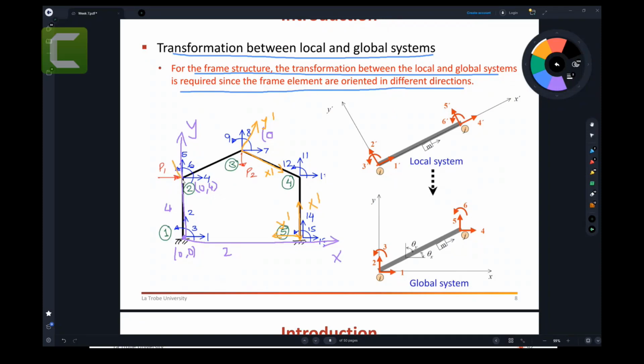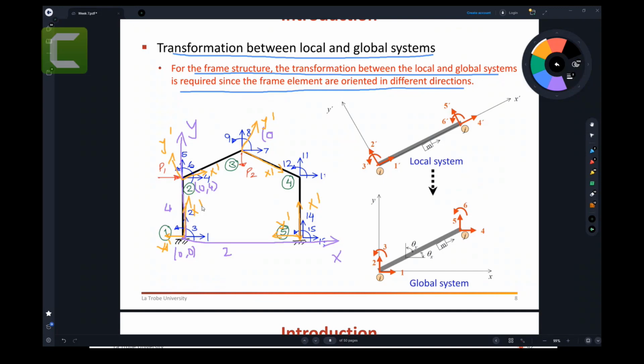You can imagine this is X dash, this is Y dash, and for this one, this is Y dash and this is X dash. Each element has its own local system, and when you join them together, it makes the whole global system. So you have local systems and a global system as well. That's pretty much how global and local work.